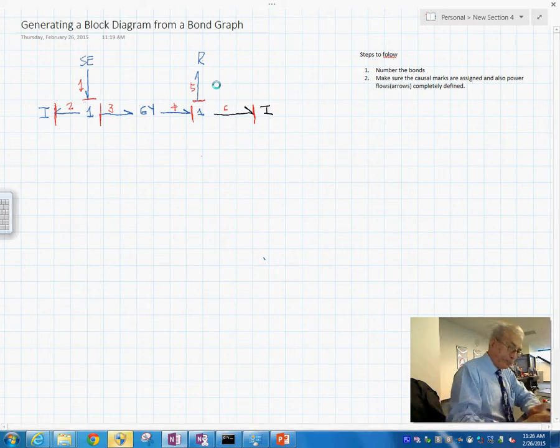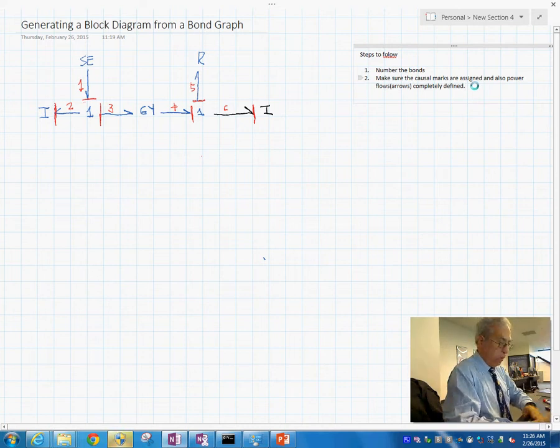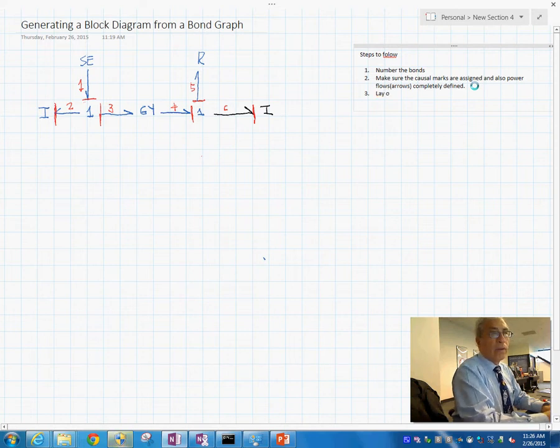So at this point, why don't we say layout structure composed of the e's and f's variables for each element and for the whole system.